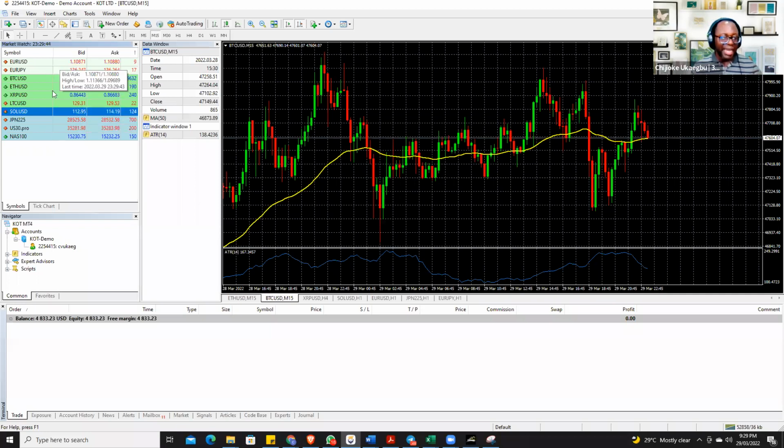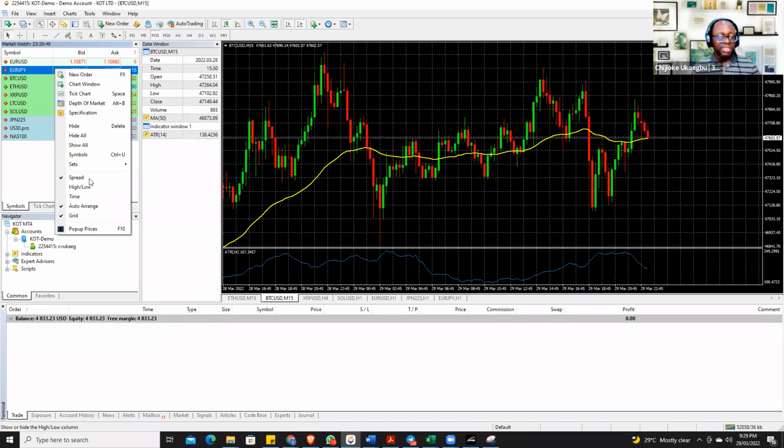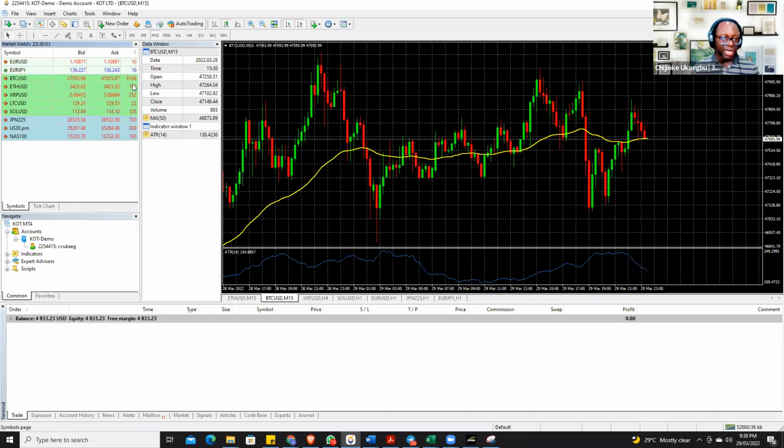If you right-click anywhere in this window on the left, please ensure that the spread option is ticked, that there's a tick sign next to spread. Once you do that, this extra column on the right-hand side will come up, and that's what we refer to as the spread.